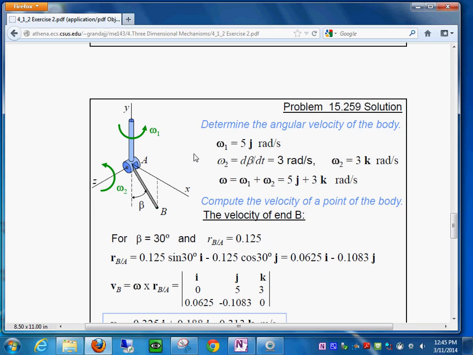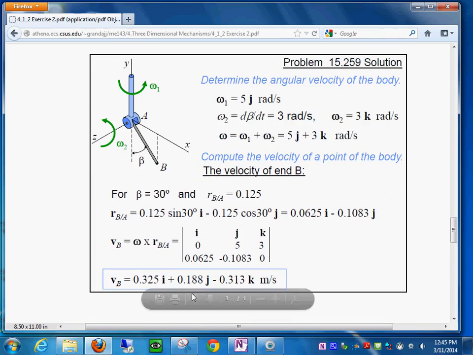Then we have the definition of this r, which is the body in question. The velocity of B is omega cross r, and you have this matrix in there that solves that.